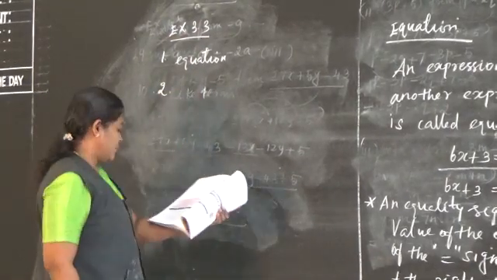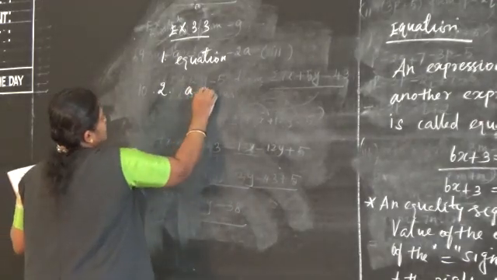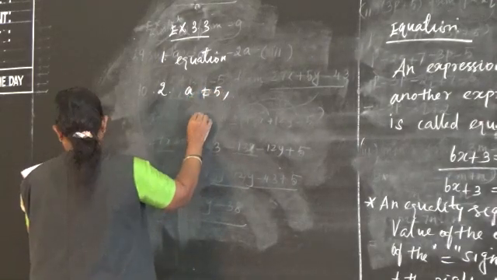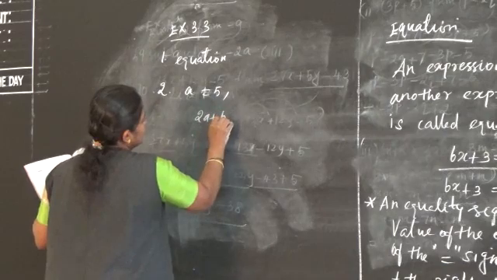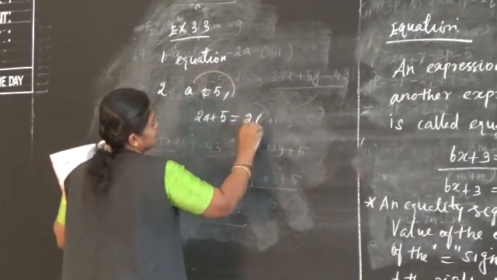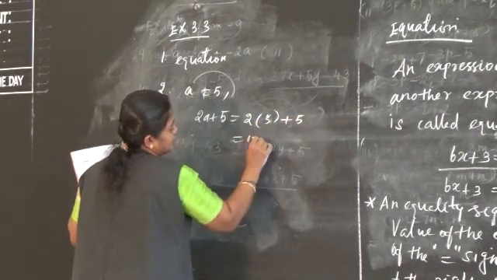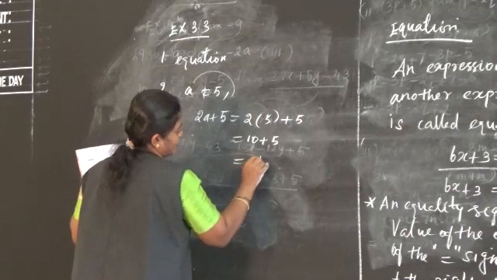Second one, if a equal to 5, find the value of 2a plus 5. Substitute the value of a in this expression. 2 into 5 plus 5, 2 5s are 10, 10 plus 5, answer is 15.